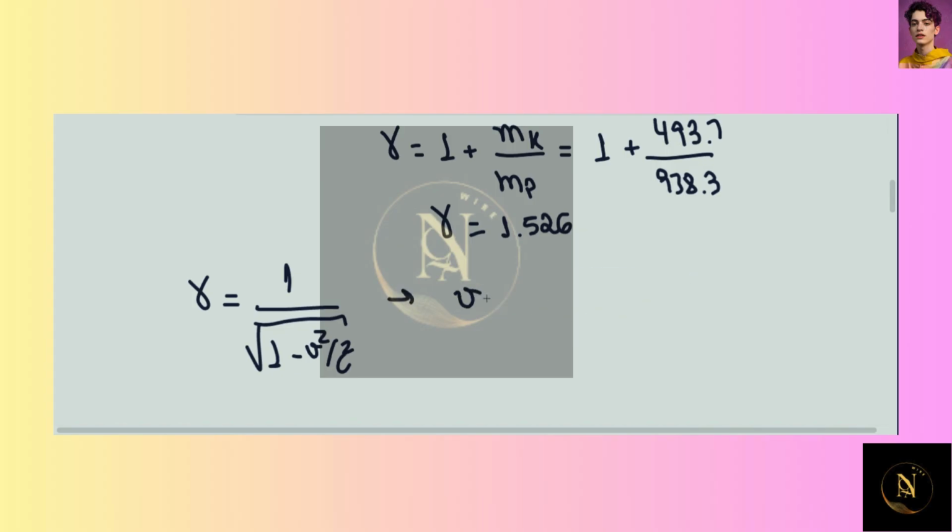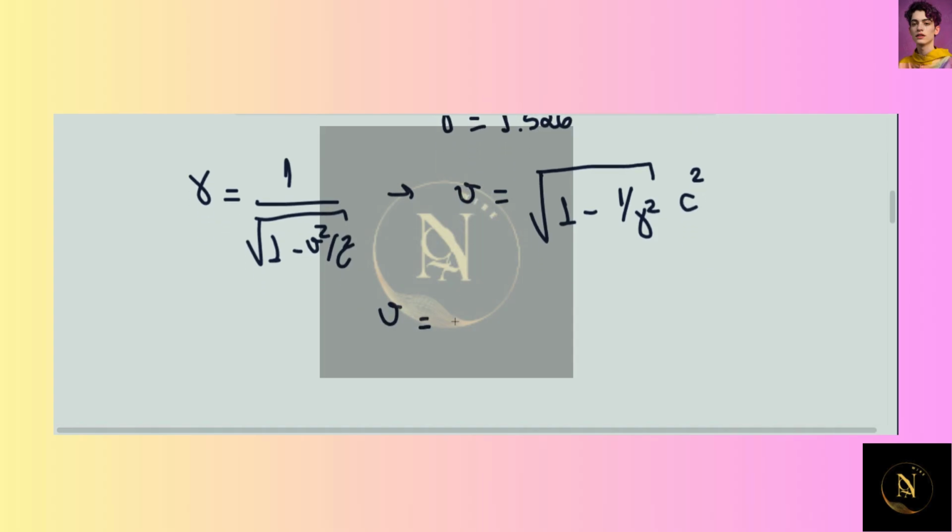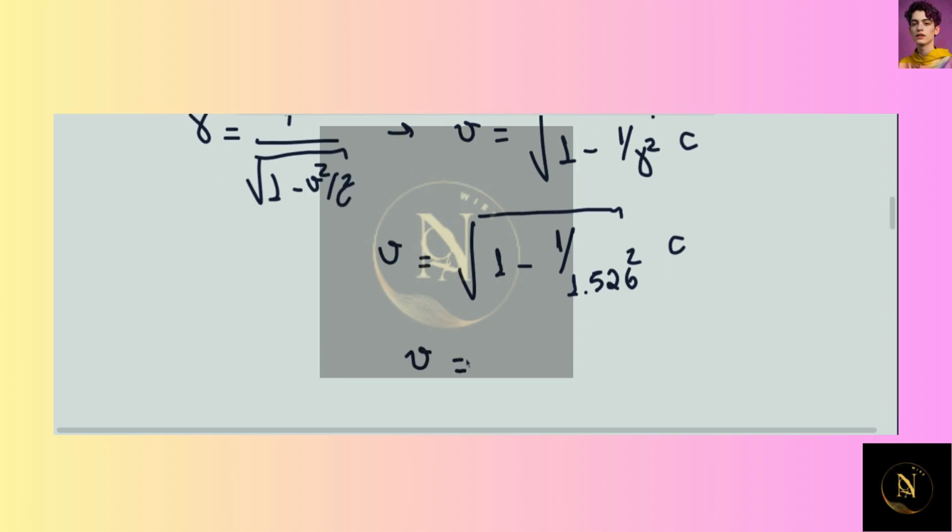And from this, we can obtain that v is the square root of 1 minus 1 over gamma squared, times c. So v is the square root of 1 minus 1 over 1.526 squared, times c. There's no squared on the c here, sorry for that. So v is equal to 0.755 times the speed of light, c.